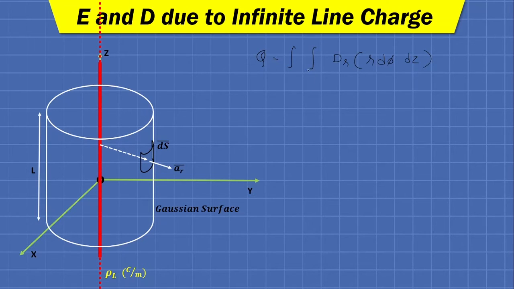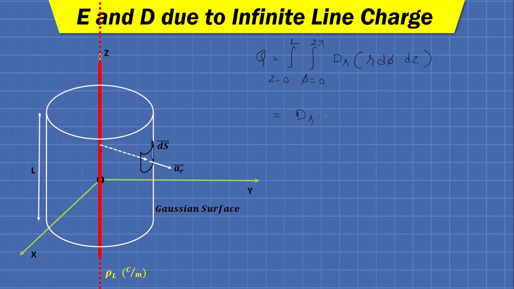Okay, now the limits for phi will be 0 to 2 pi, and the limits for z will be 0 to L. So Dr will be constant, so it will be out of the integration sign.